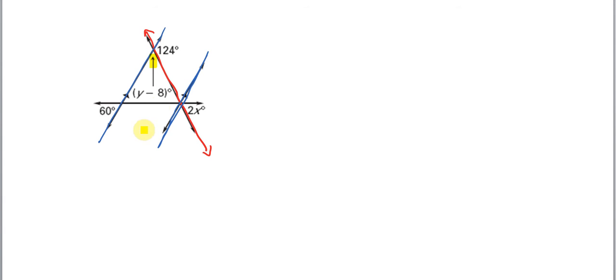This angle here, y minus 8, and the one that's 124, those are supplementary because they form a linear pair. So even without using anything that we learned in this lesson, just the fact that they're linear pairs, we know that y minus 8 plus 124 must be equal to 180 degrees.